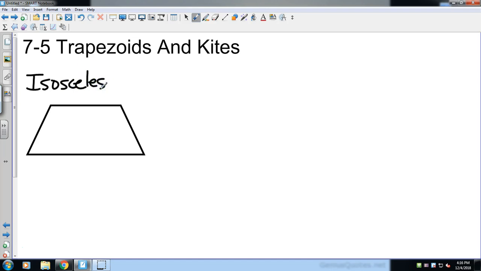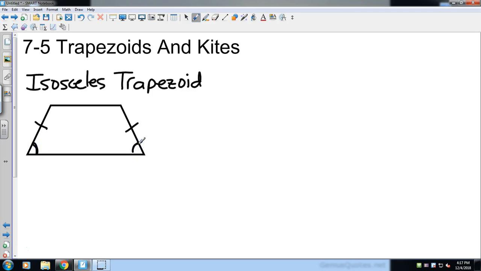And I'll go ahead and put isosceles trapezoid. Okay, so an isosceles trapezoid is when the legs are congruent. And so the legs are going to be the non-parallel sides. So when they are congruent, the base angles are also congruent.